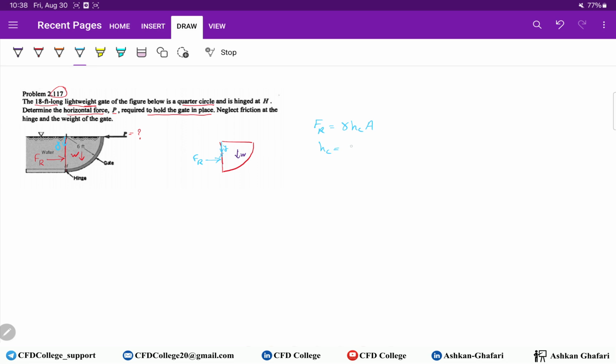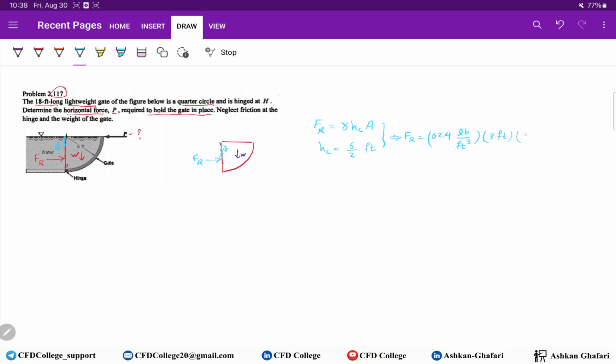HC is 6 divided by 2 feet, and now we can calculate Fr, which is equal to gamma 62.4 pounds per cubic feet times HC 3 feet times area of the gate, which is a quarter circle.